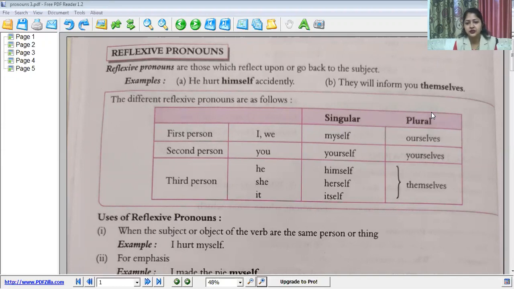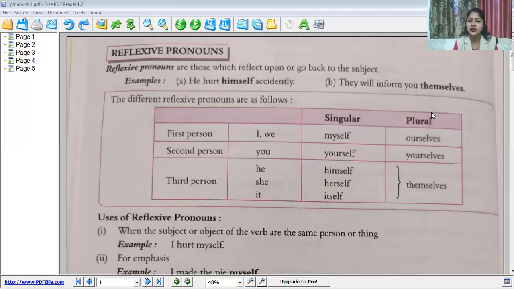The second person, you, yourself, and in the plural form, yourselves, many. Okay, when I'm talking to many at the same time. The third person, he will become himself, she will become herself, it will become itself, and they will become themselves. All these together will become themselves.